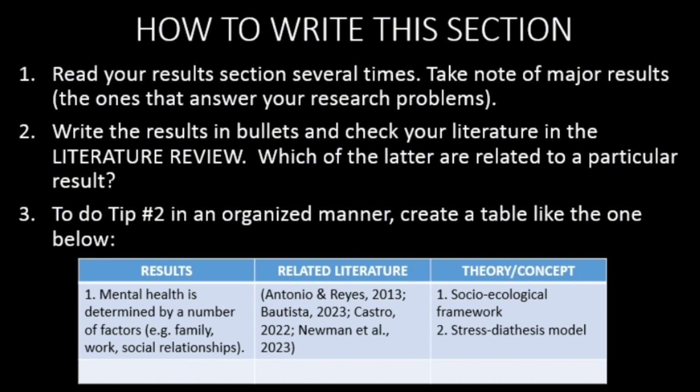Number 3, to do your tip number 2 in an organized manner, create a table like the one below. So you have your 3 columns, and on the left column, you have your results, and in the middle column, your related literature, which are related, of course, to your result, and then on the last column, your theory or concepts related to your result.